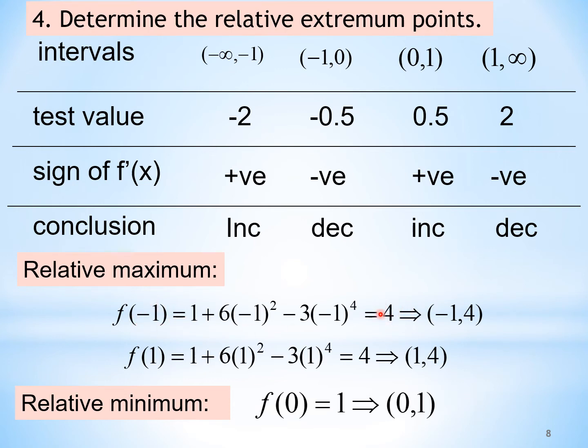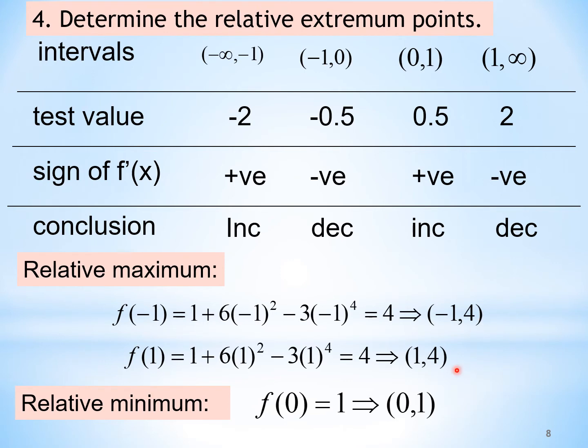The y value is 4. So now you have a point over here. Then the second one, you're going to substitute x value equals 1 into the function, then you get 4. So you get another point over here, 1, 4. So now you have 2 points, and that is the relative maximum.